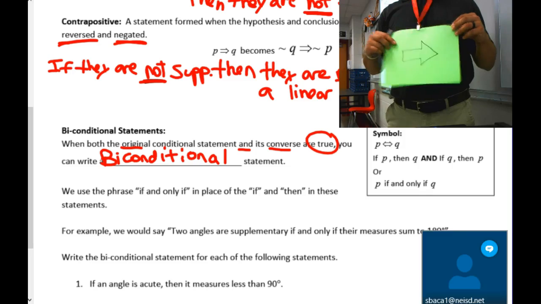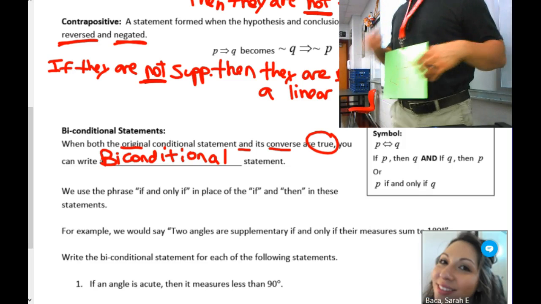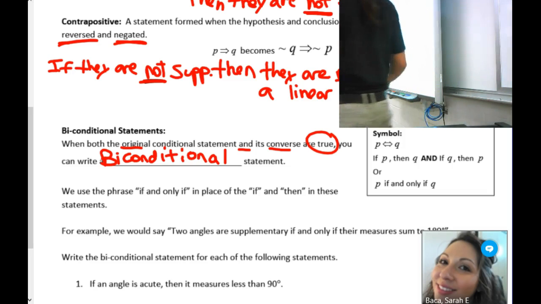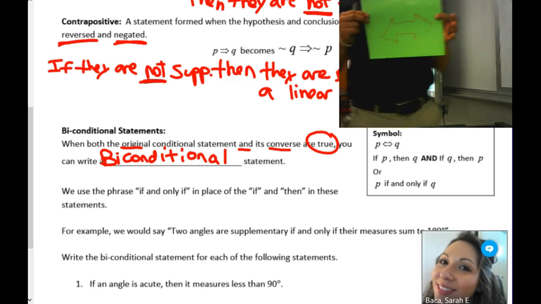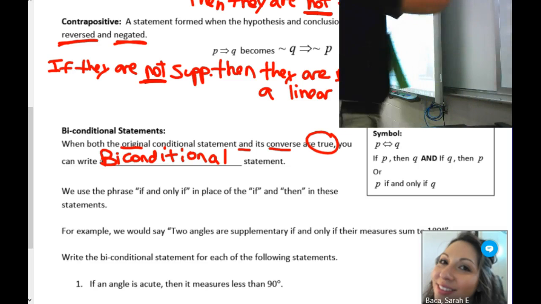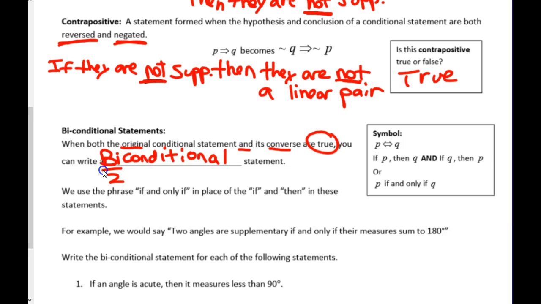My arrow turns into a double arrow, okay? So again, we got the double arrow for biconditional. Y'all know bi means two, and this is two ways that it's true, okay? The conditional is true, and the converse is true.